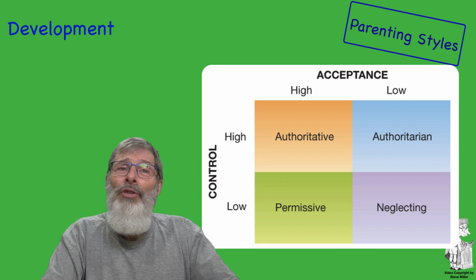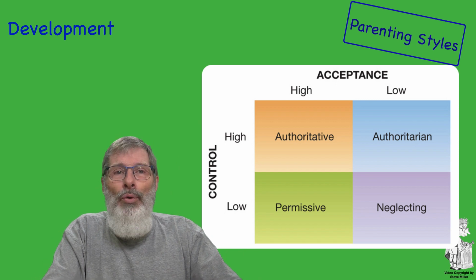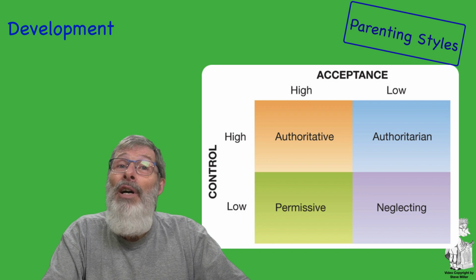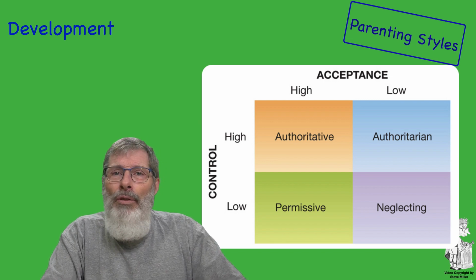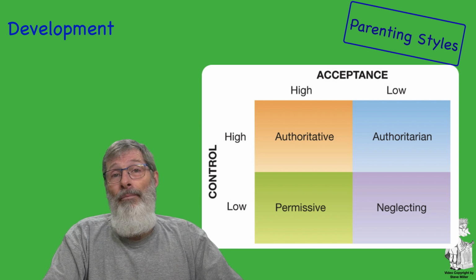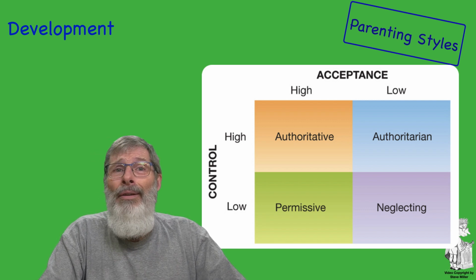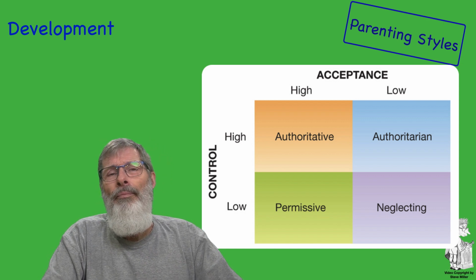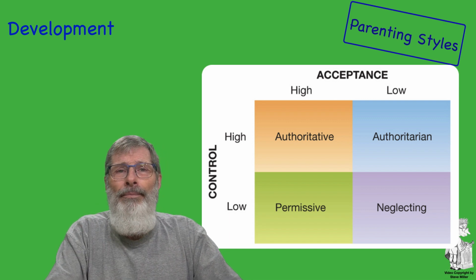The second group is known as authoritarian. Parents make the rules, expect unquestioned obedience from their children, and punish misbehavior, often physically, and value obedience to authority. Children of authoritarian parents are often withdrawn, aggressive, and usually don't do as well in school. The third type of parenting is what's known as permissive.